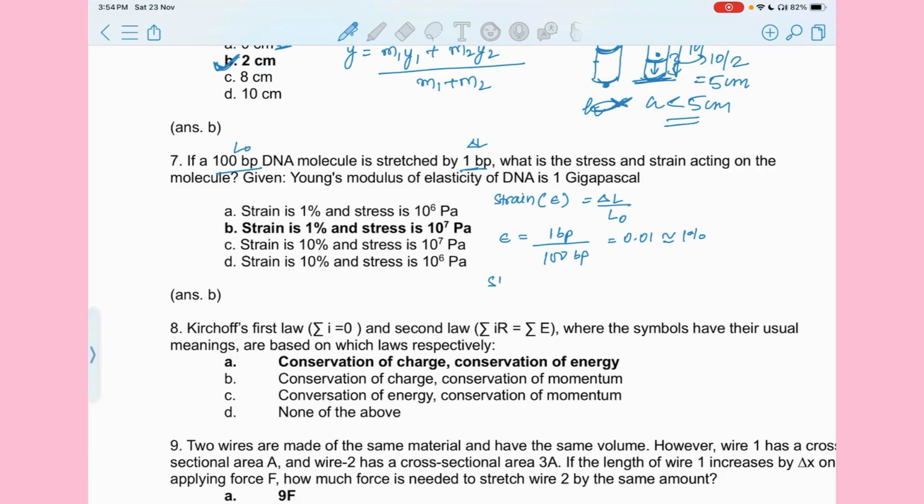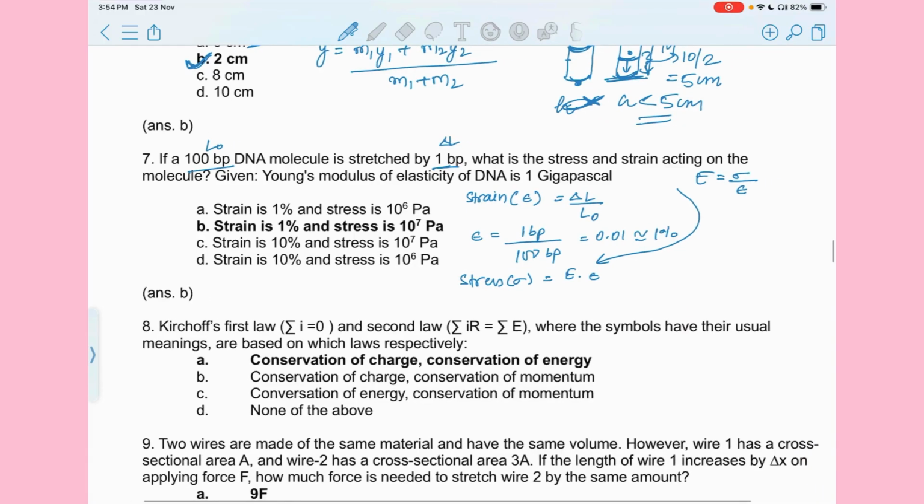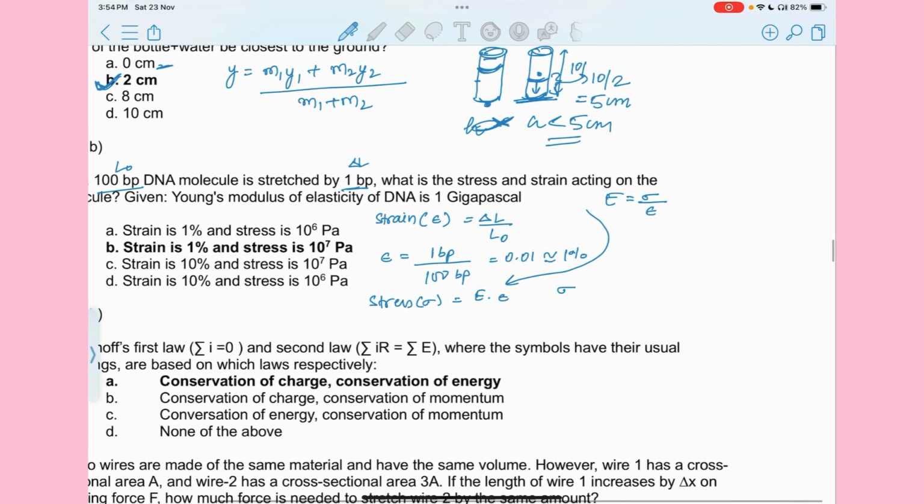Now for the stress, you know the stress formula, that is Young's modulus into the strain, as the Young's modulus is equal to the stress upon strain. So from here we derive this equation. Now solving for the stress, the Young's modulus is 1 gigapascal.